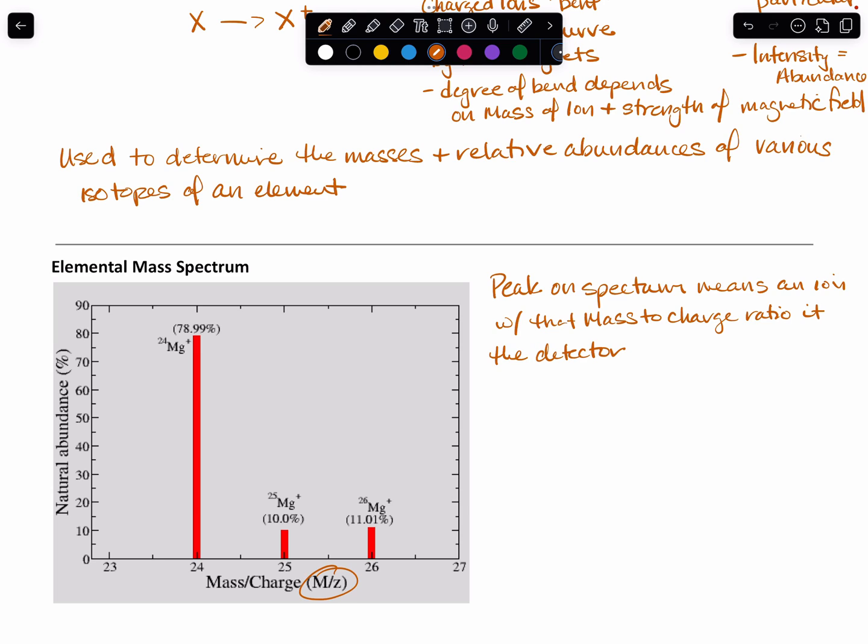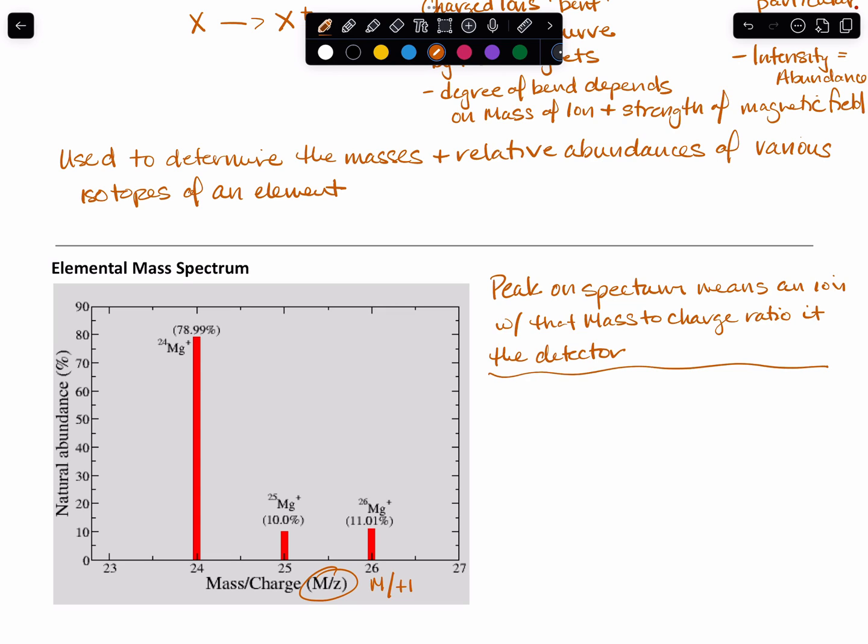All right, now this idea of mass to charge, for us, it's mass per +1 for the charge. So it's just the mass. If you had a technique that was forming +2 ions, then you would need to divide the mass values by 2. If they were forming +3 ions, you have to divide by 3. But for our purposes, it's always going to be a +1 charge. So we don't need to worry about that.